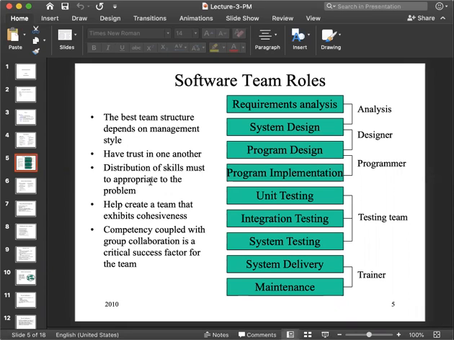So you can see there are many tasks to build up a software, and there are so many different people which have a different role to build up a software. And if the collaboration between the team members is not okay, then you cannot get a good output from it. So you need to first build up a good team.